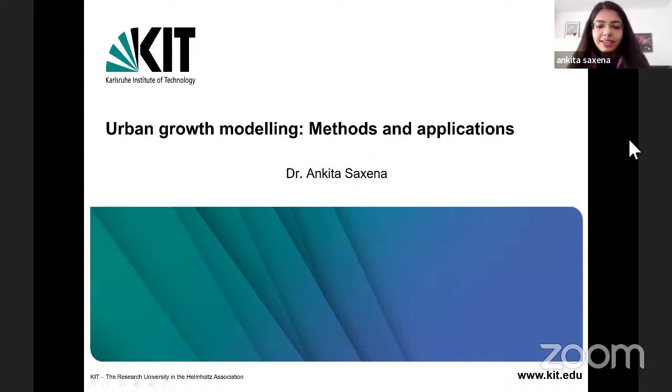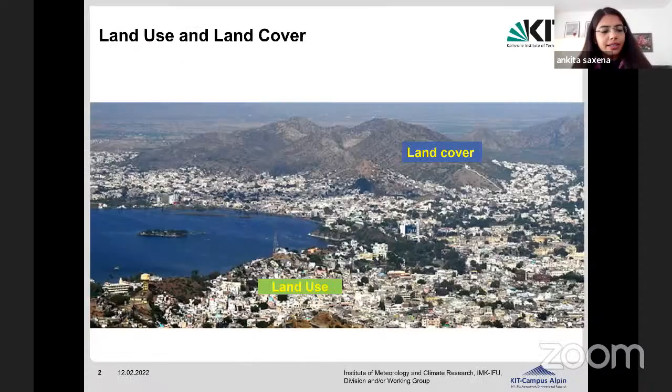So this session is about urban growth modeling and its methods and various applications. Before starting, I would like to introduce land use and land cover: what is land use and what is land cover. Usually land use is the utilization of available land for fulfillment of the needs of human beings, which is man-made.